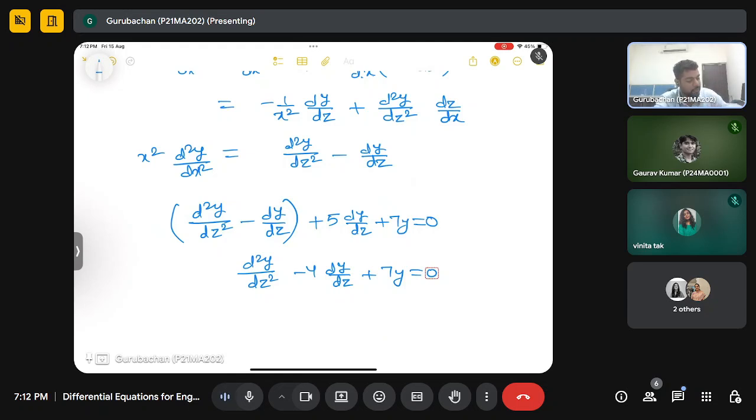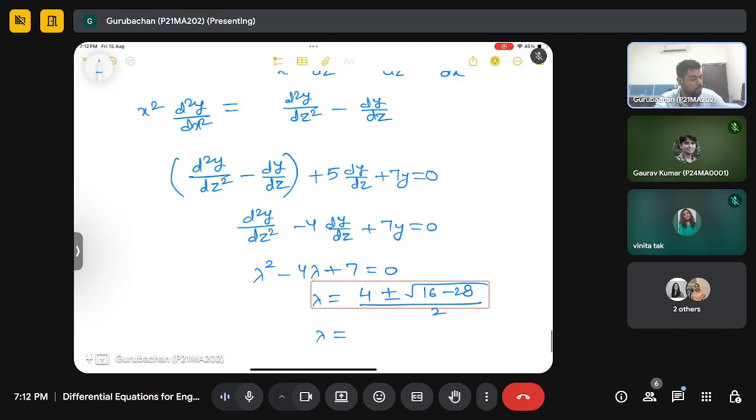So again, with the help of earlier methods, you can form the auxiliary equation like this, and lambda will be minus 4 plus minus under root of 16 minus 28, divided by 2. So this will give you minus 2 plus minus, this will be 12, so under root 3 iota.